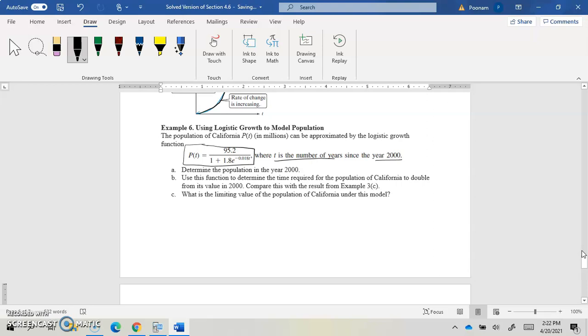In 2000, t would be 0 because t is the number of years since 2000. So we need to find the population in 2000. That means we have to find the function at t of 0. That would be 95.2 divided by 1 plus 1.8 raised to the power negative 0.018 times 0.